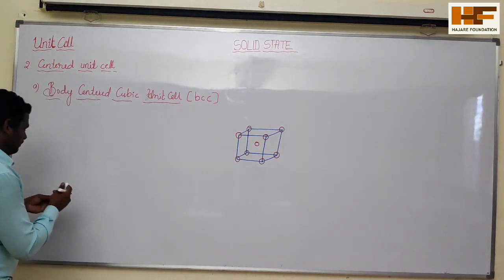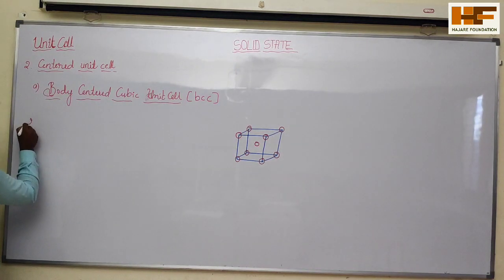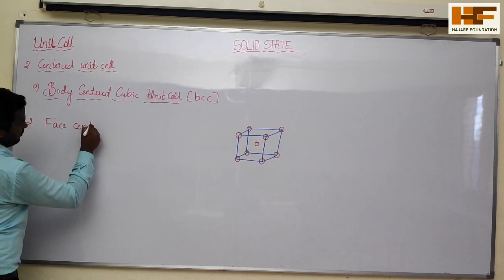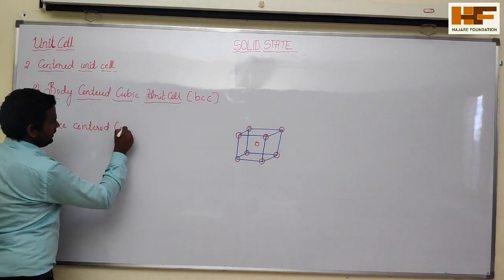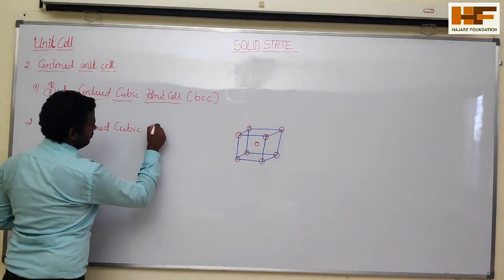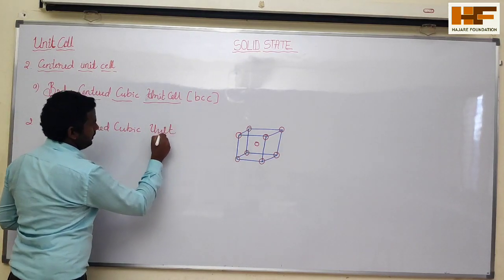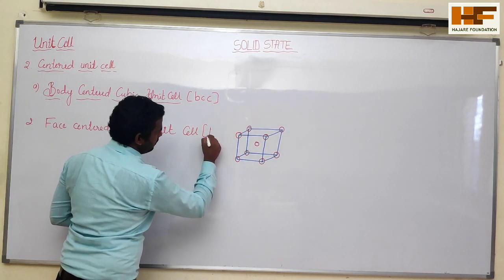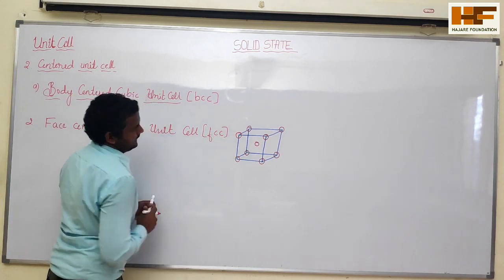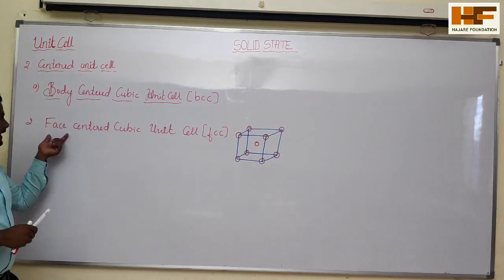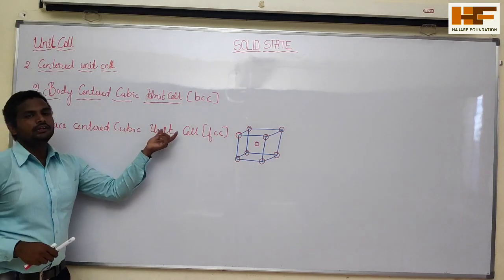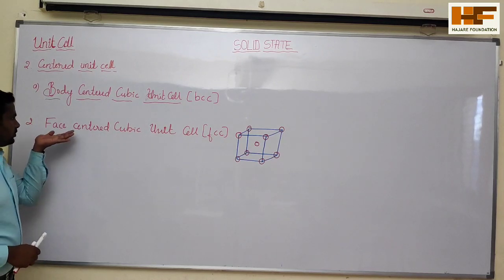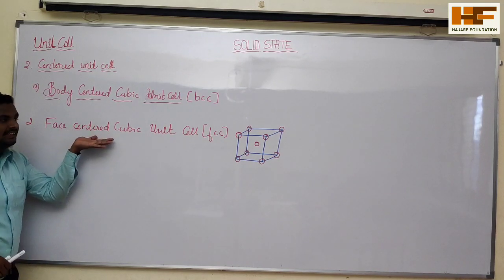So next come to the second one. That is face centered cubic unit cell. In short, it is also called FCC. FCC means face centered cubic unit cell, right? So what is meant by this? The name itself indicates face centered.